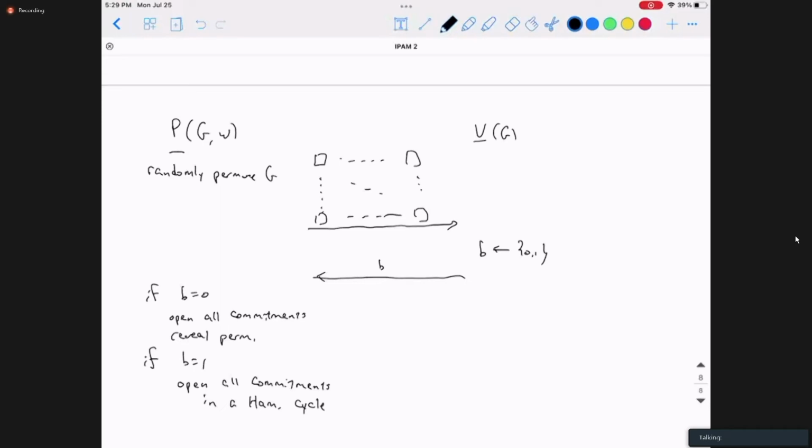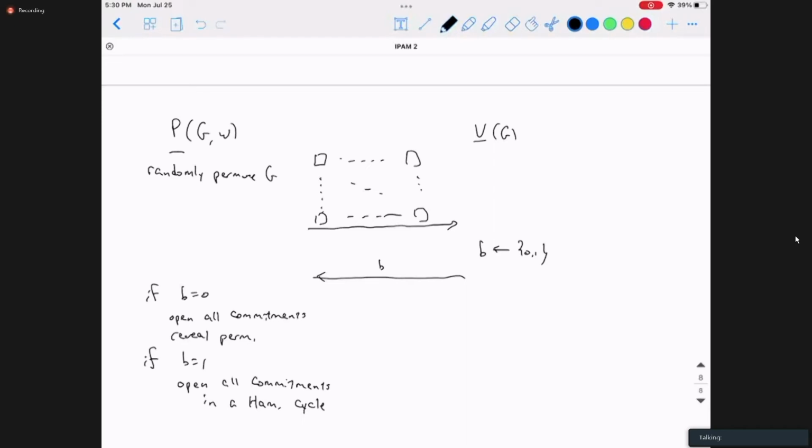And what that would mean is that if the Hamiltonian cycle, for example, went from vertex 1 to 3 to 10, and then back to 1 again, or whatever, then what I would do is open the element in the adjacency matrix showing that there's an edge from 1 to 3. So I open position 1, 3 of the adjacency matrix, and V would confirm that there's a 1 there, indicating the presence of an edge.